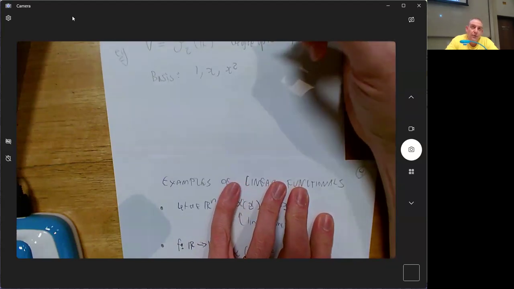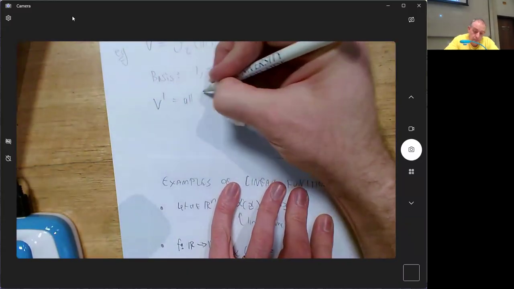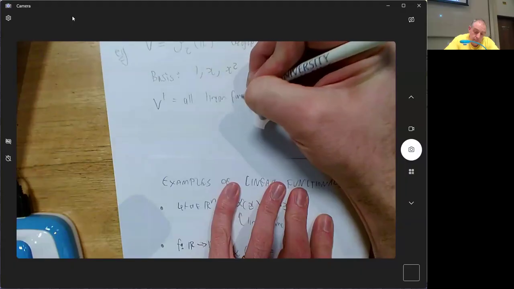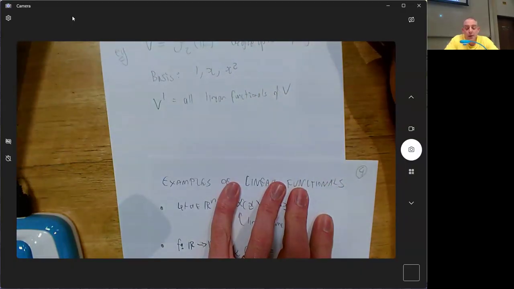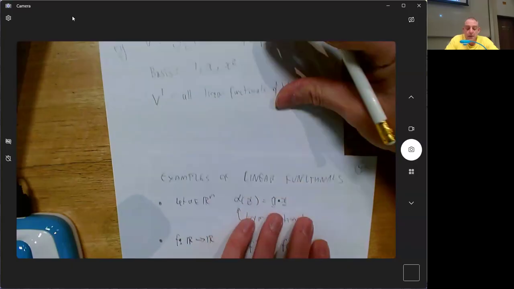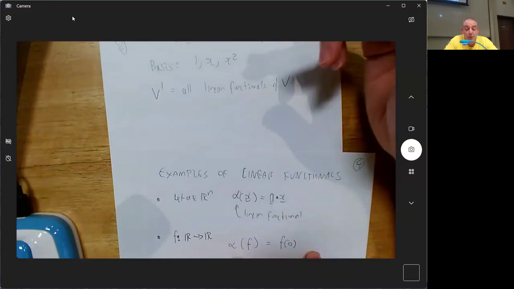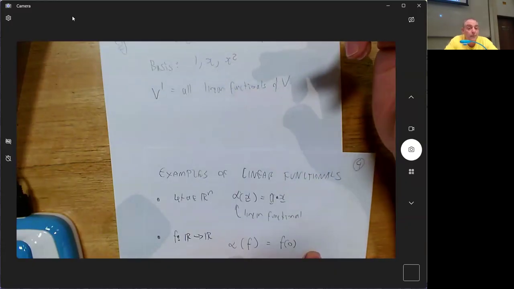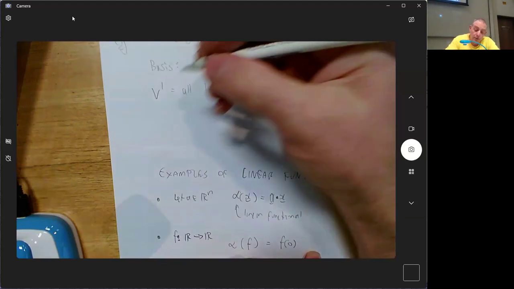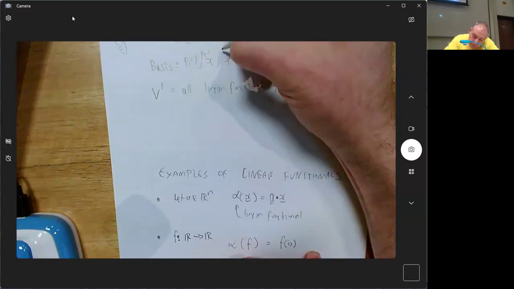And then I could have all the linear functionals of V. And it should be possible to come up with the dual basis for this, which is a linear functional that turns it into 1 if it's this and 0 if it's something else, right? So this is going to be called like P1 and P2 and P3.